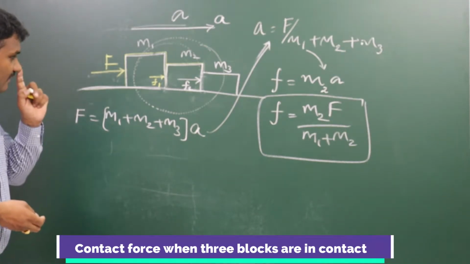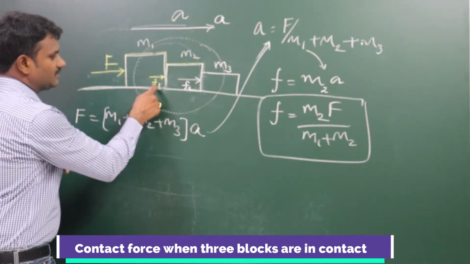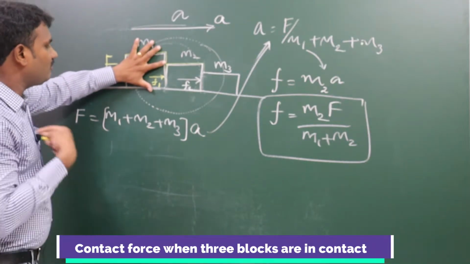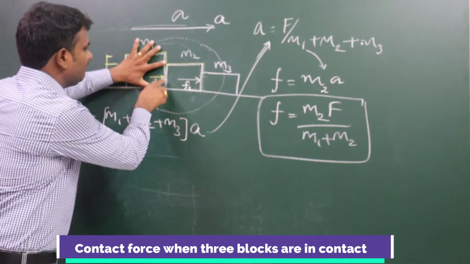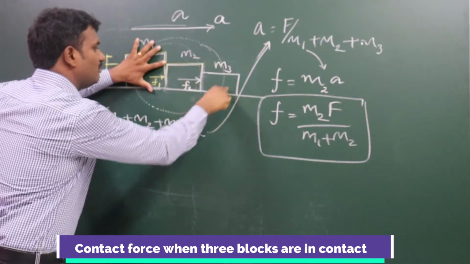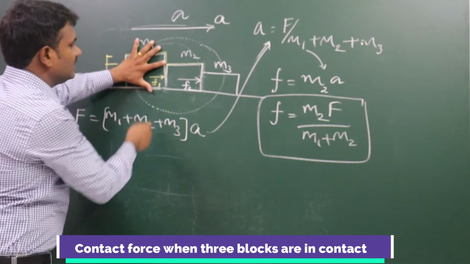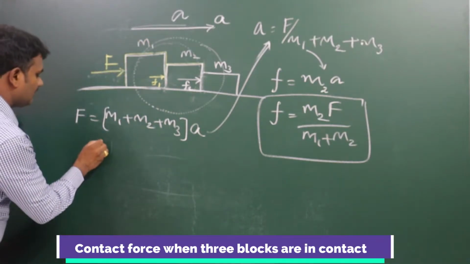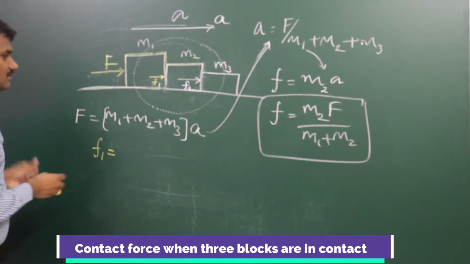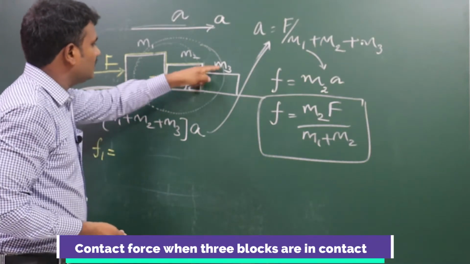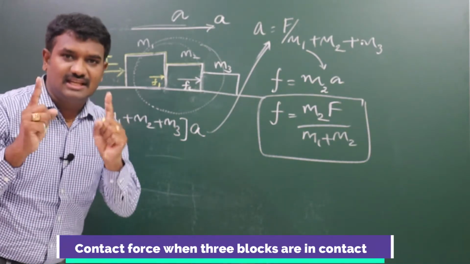Now if I want to find the contact force F1, I have to ignore this mass m1 and imagine that a force F1 is acting on these two blocks. Now our target is to find this F1. F1 is equal to, when you are treating this F1, you have to imagine these two blocks as a single block.